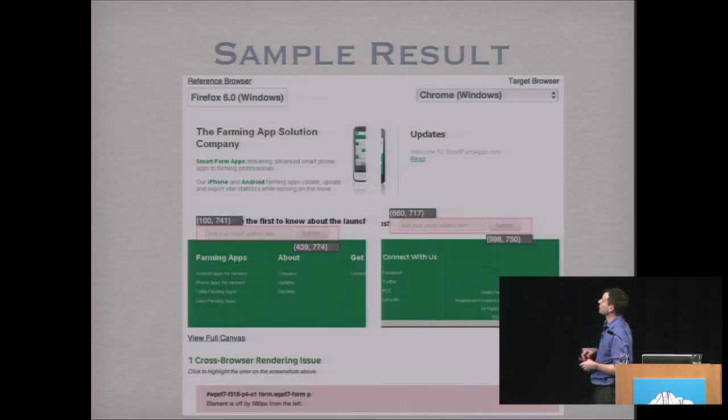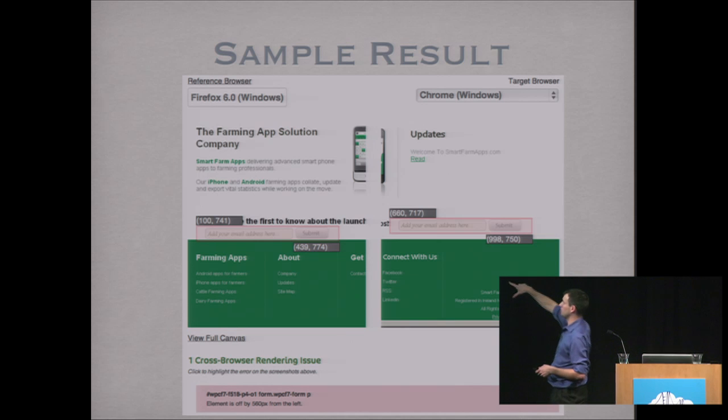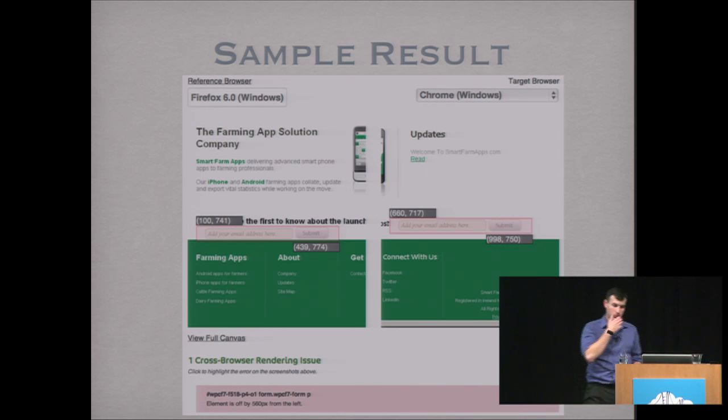So showing a quick sample here. This was that page where the form was off. And the system was able to detect that the form, you can see the CSS selector down here. Actually, the form elements were wrapped in a paragraph, and the paragraph is what was off. But by using that information, we can overlay it right on a set of screenshots here and visualize the error, which makes it really easy to figure out whether or not it's actually a problem.